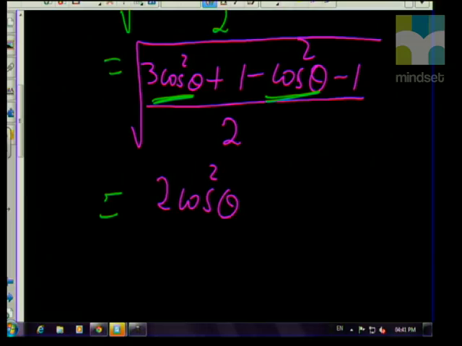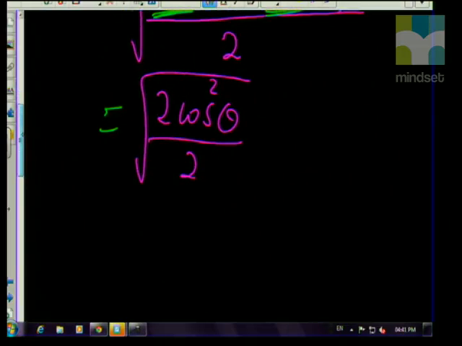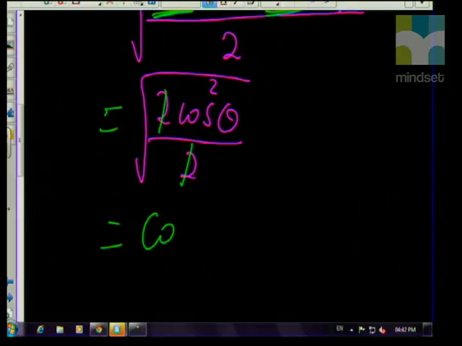Now I have a 1 minus 1, which gives us naught, right? All divided by 2 under the square root. So we have now this 2 divides that 2 equals 2. Now I'm left with the square root of cos squared theta, which is, the final answer is cos of theta.